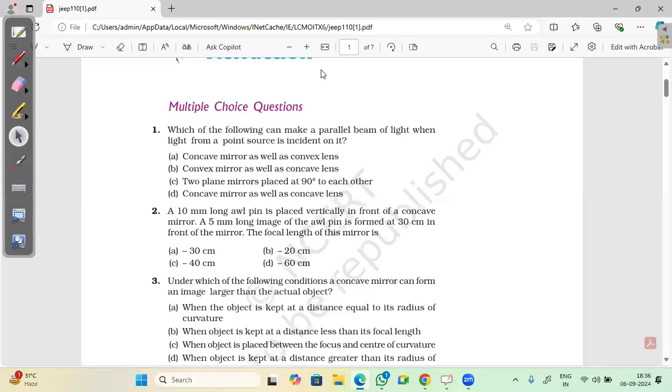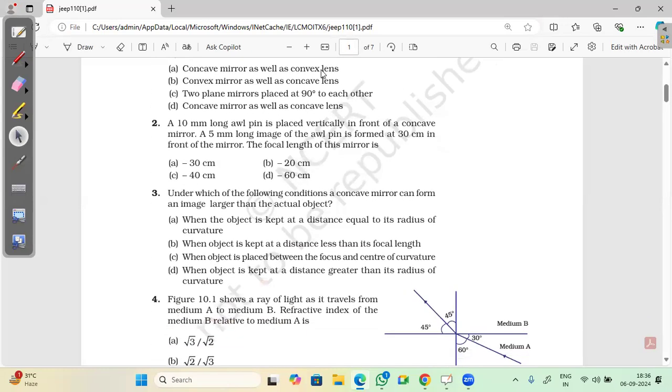So we are doing the first one, right? You have to do this one, second one, a 10 mm long all pin is placed.